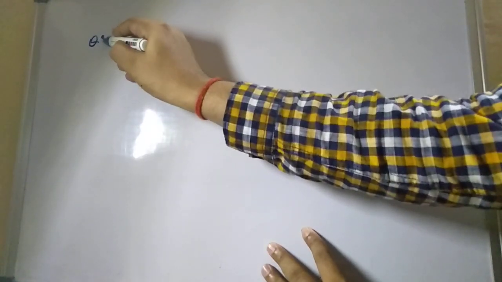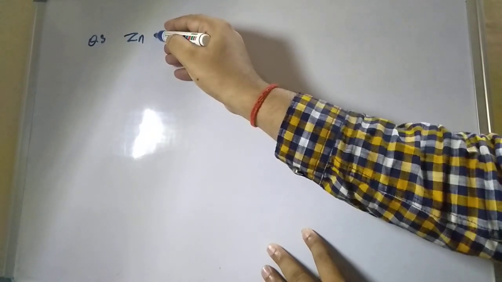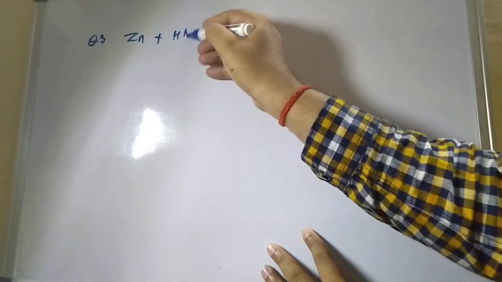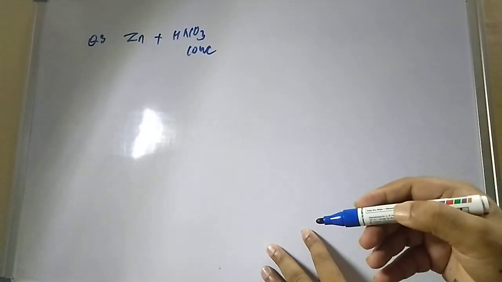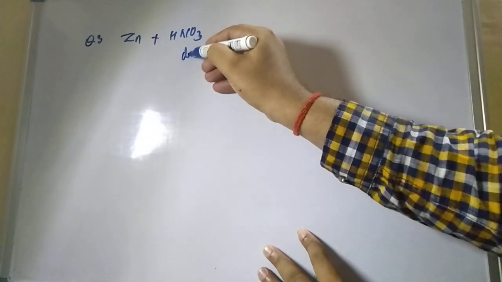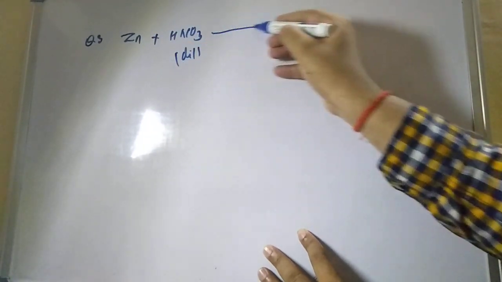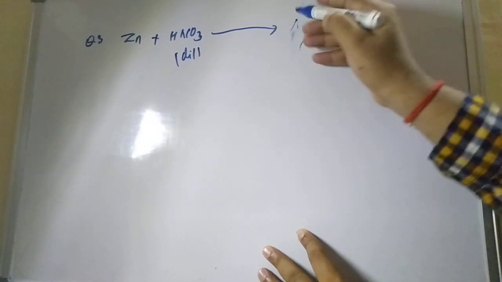So question number 3, students, you see, Zn is reacting with HNO3. Earlier I took the concentrated one, now you take the dilute HNO3. If you are taking the dilute HNO3, zinc nitrate is common.